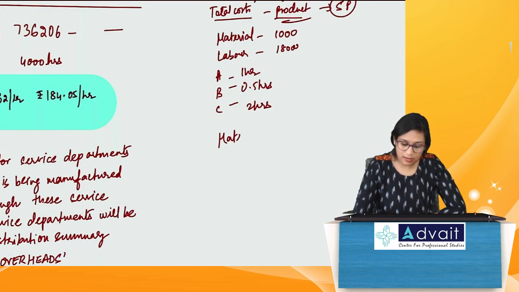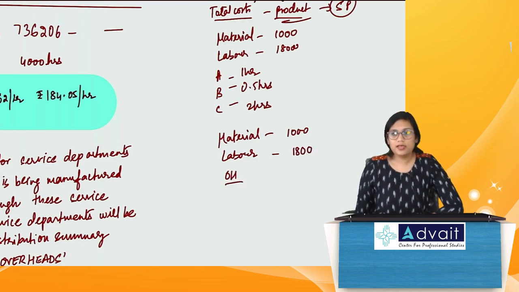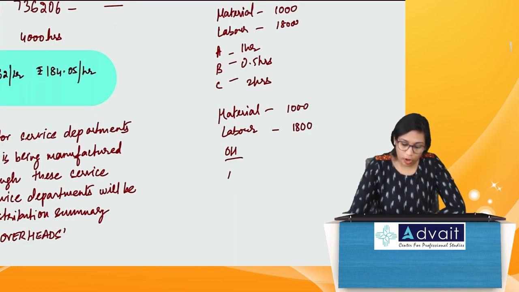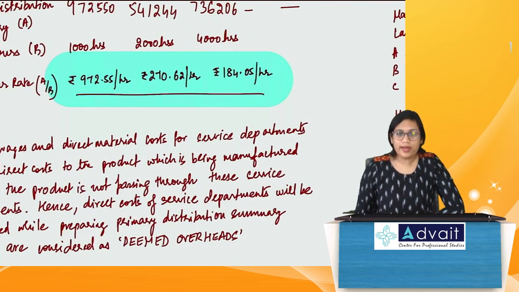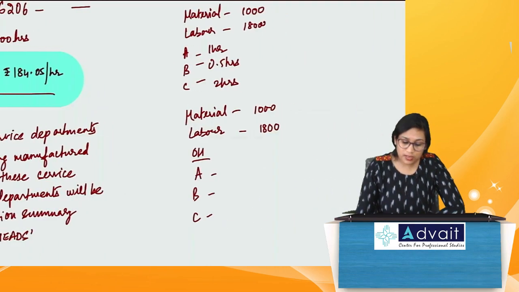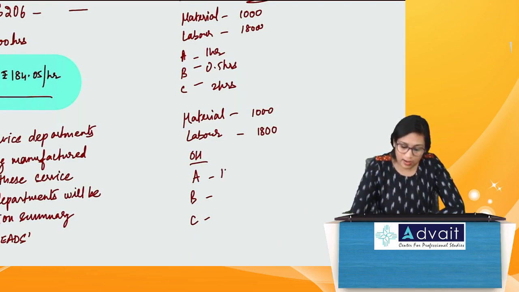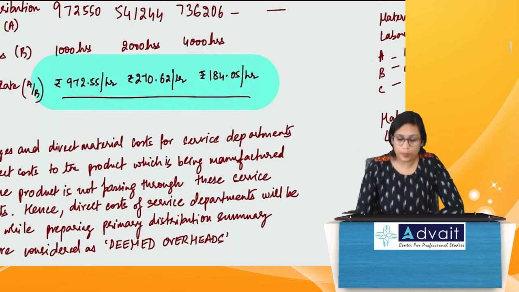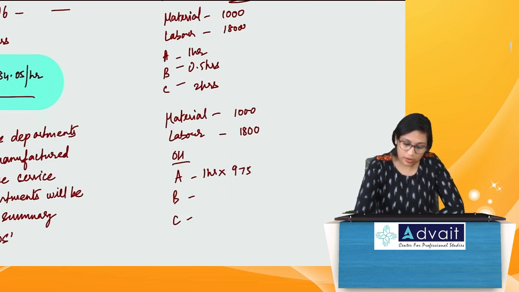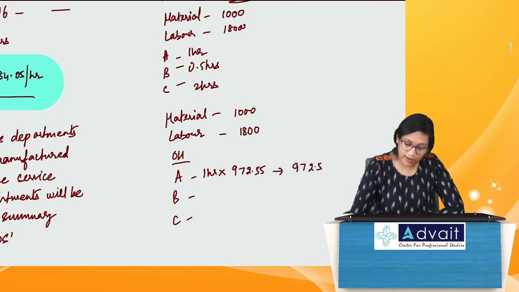So, material will be 1000, labor will be 1800. How will you get overheads? From ABC, guys, you have already calculated the overhead rates per hour, correct? Now you will charge these to this particular product. So we know in department A it is taking 1 hour. So 1 hour into what is the rate per hour in department A? 972.55. So 972.55 gives me 972.55, correct?